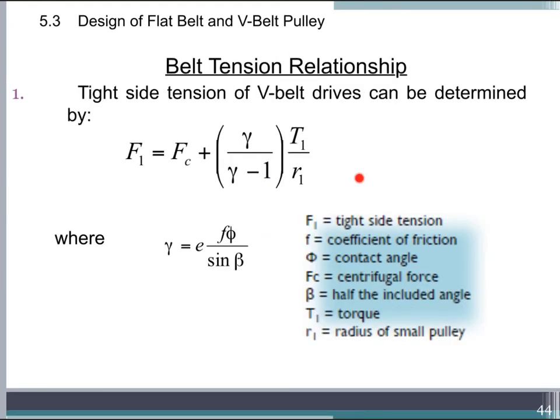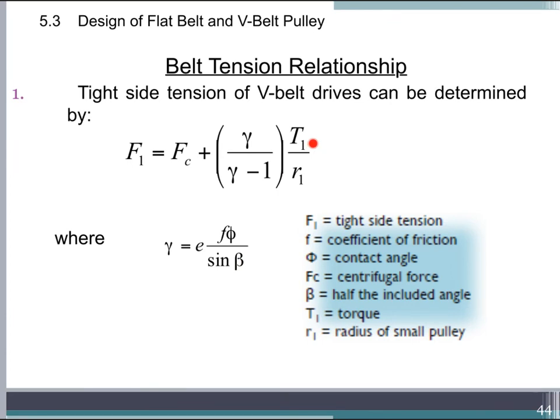Also for a V belt drive system, we can determine the tight side tension using this equation, where F1 is the tight side tension, Fc is the centrifugal force, then gamma is the short form of the exponent for the coefficient of friction of the belt, and this theta is the angle of contact, and then sine beta, where beta is the half included angle.